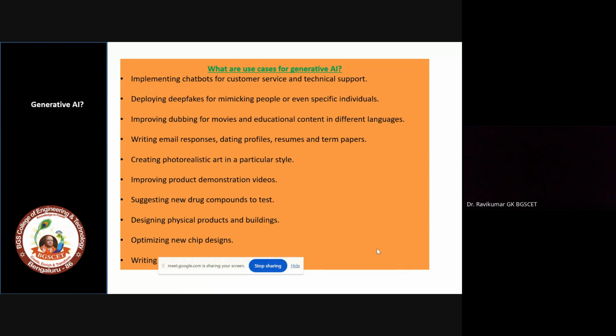For example, if some professors or higher authorities have requested some information from you, when you go to reply to that email, generative AI automatically generates an email. The only thing is you have to review and rephrase if you want anything. Similarly, you can create a dating profile. You can give some inputs for a resume so that it will create a complete resume and help us. Similarly, we can create term papers.